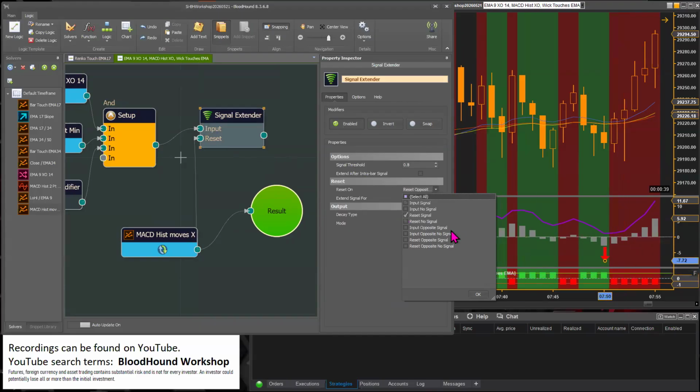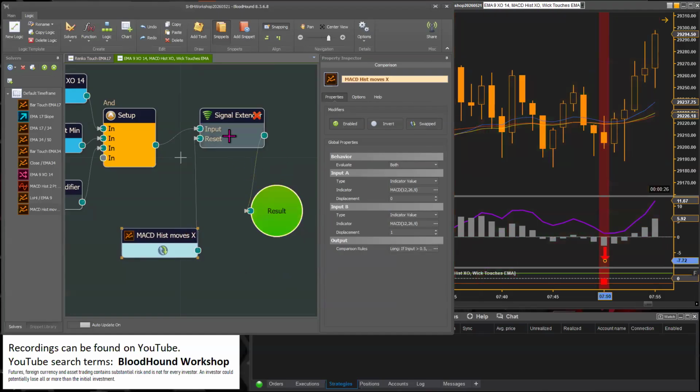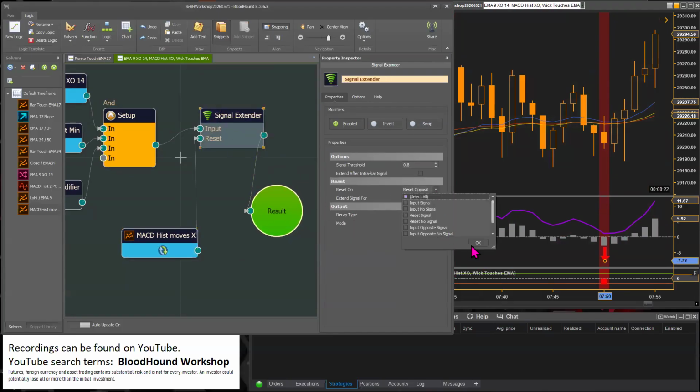But the way this comparison solver was built, we are indeed using an opposite signal to reset the signal extender.